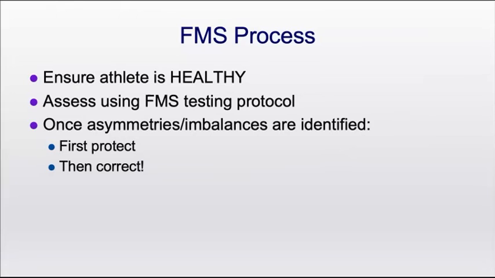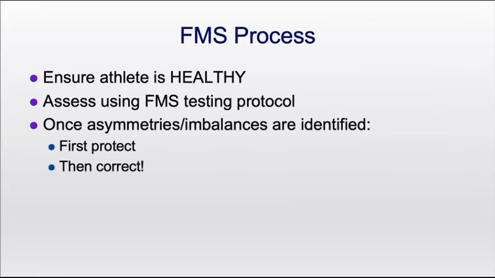And once you've run them through the protocol and scored them on the scoring sheet, you can identify any asymmetries or imbalances in their motor control patterns and their mobility, and you can start to apply what's called corrective exercises to try to correct those imbalances.